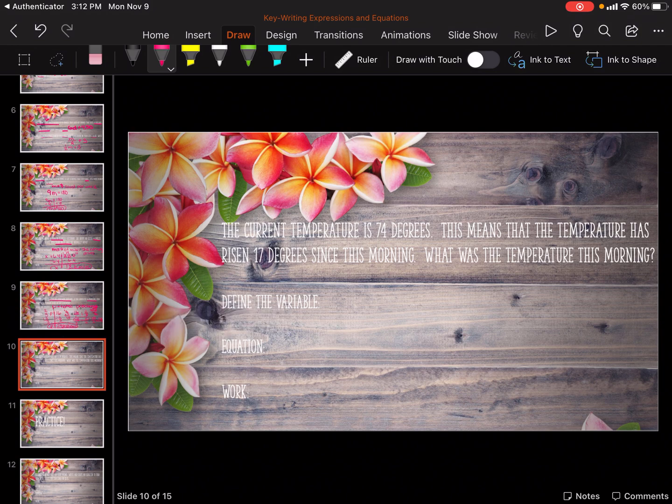The current temperature is 74 degrees. That means the temperature has risen 17 degrees. So it increased 17 degrees. So define the variable. I'm going to do a cute T for temp in the morning. So she was at the temp in the morning and it had risen 17 degrees to 74 degrees.